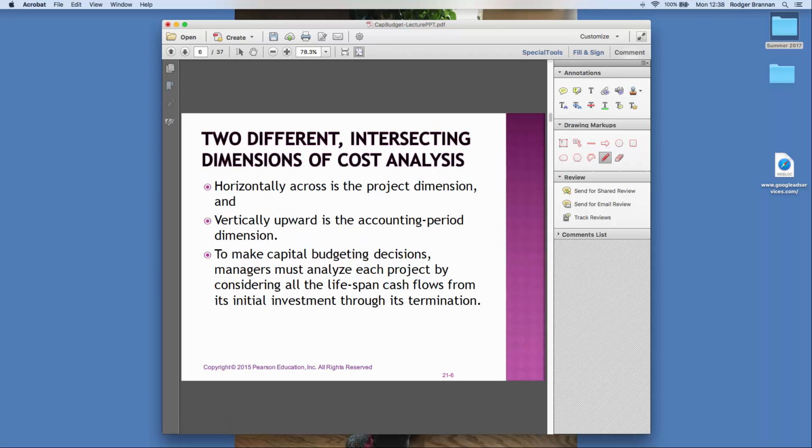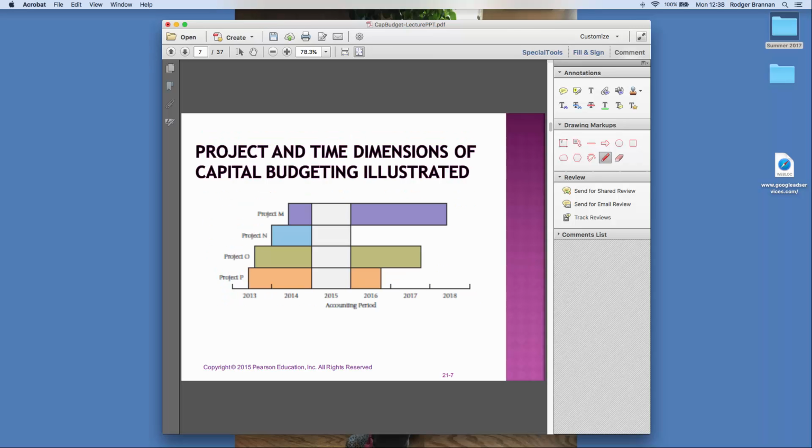Now, I think we'll look at this in terms of the little diagram here. When you do capital budgeting, it's always going to be an ongoing process. Given the strategic plan, we need to replace machines, we need to expand production. So with any particular project, this could be machine M, machine N, whatever, I'm always going to be in the midst of different planning and evaluation.